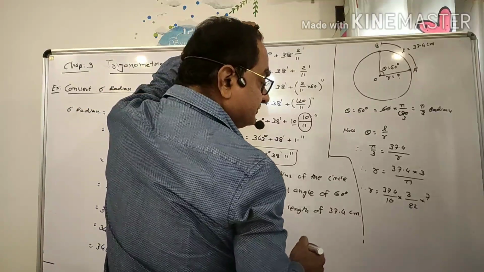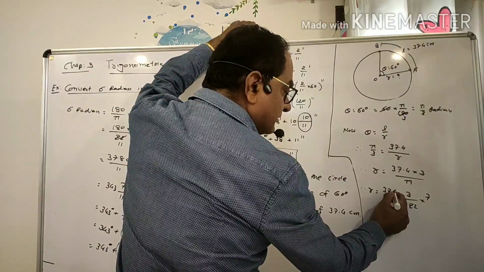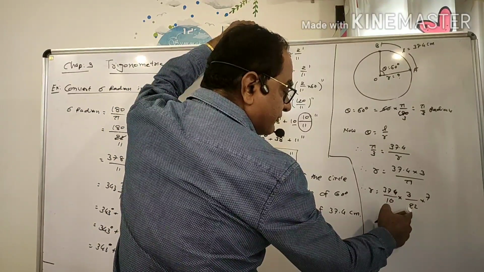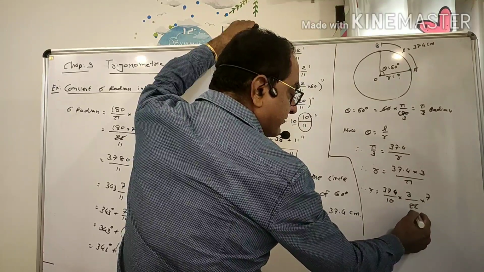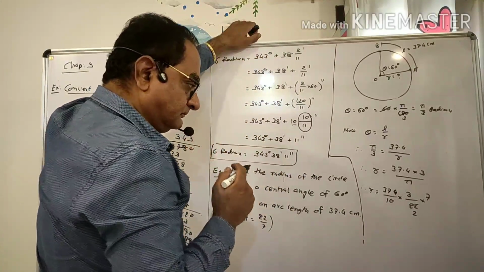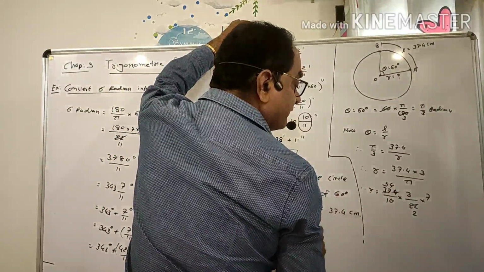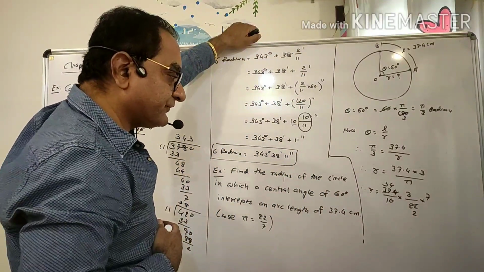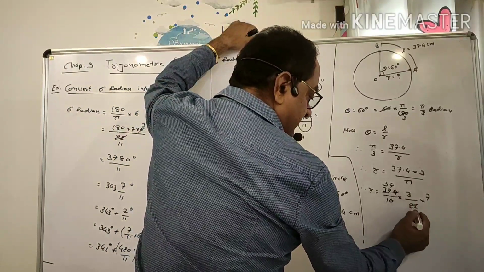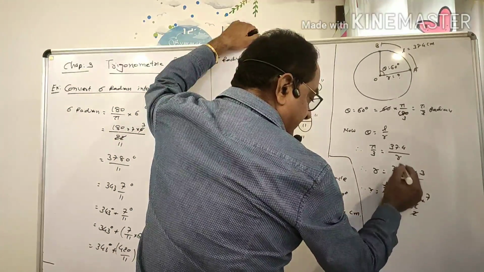We will try to cancel the numbers. This is divisible by 11: 11 twos are 22, 11 threes are 33, and 374 is 11 times 34. Still it is divisible by 17.